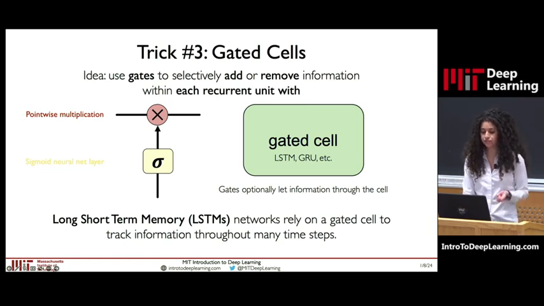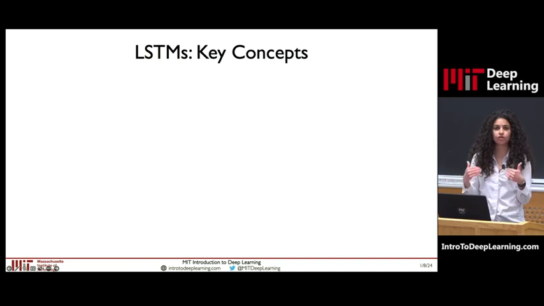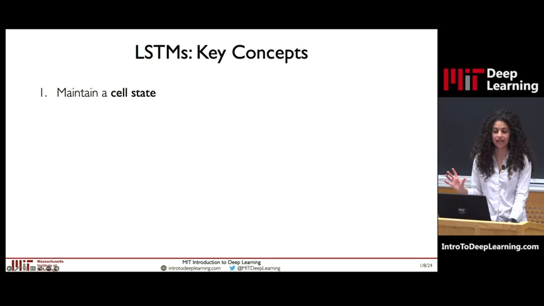The core idea to take away from this idea of gating is that we're thinking about how information is updated numerically within the recurrent unit. What LSTMs do is very similar to how the RNN on its own functions: they have a variable, a cell state, that's maintained.